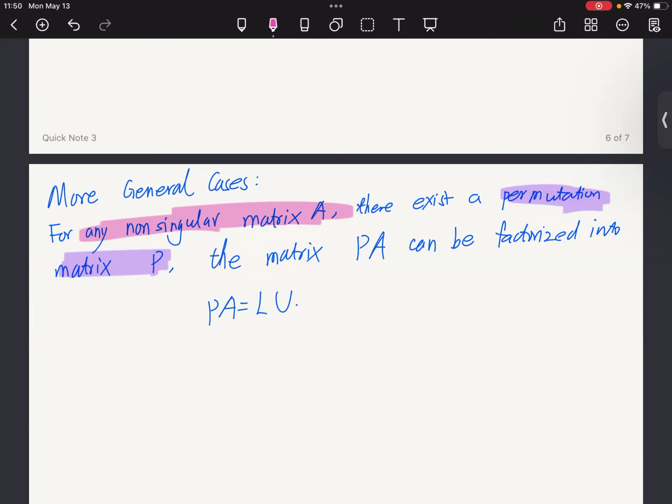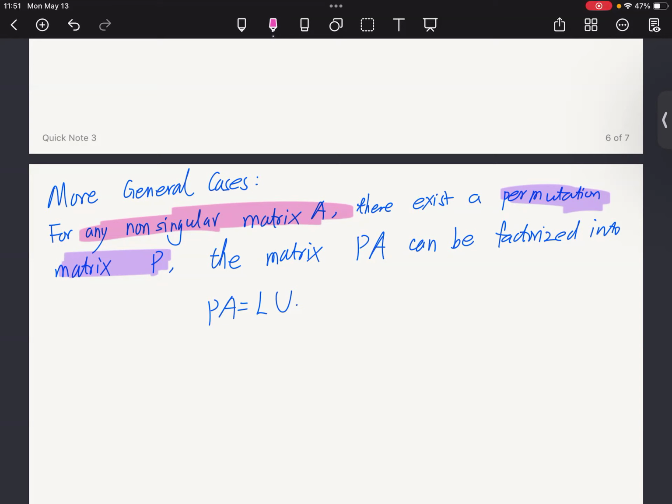So what it's saying here is that, instead of doing the row exchange during the Gaussian elimination process, suppose you know the row exchange beforehand, and you do the row exchange at one time first, so that when you do the Gaussian elimination process, you don't need to do any row exchange.